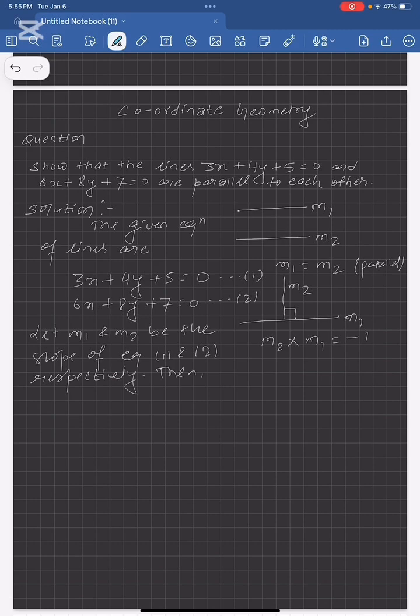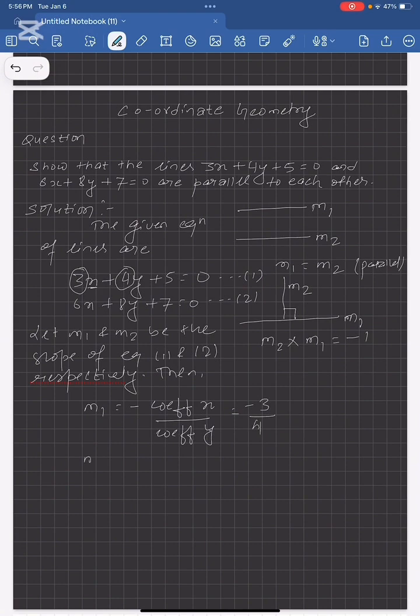Then let's find out the slope of line 1. m1 is, so the formula for slope is minus coefficient of x by coefficient of y. So in equation 1, the coefficient of x means the number that is just behind this variable x, so that is 3. So -3 upon, next is 4.